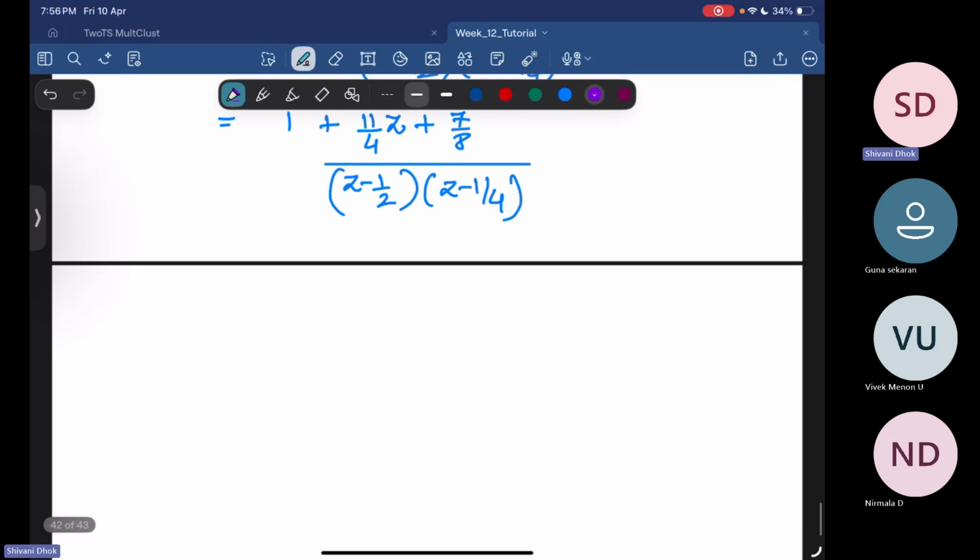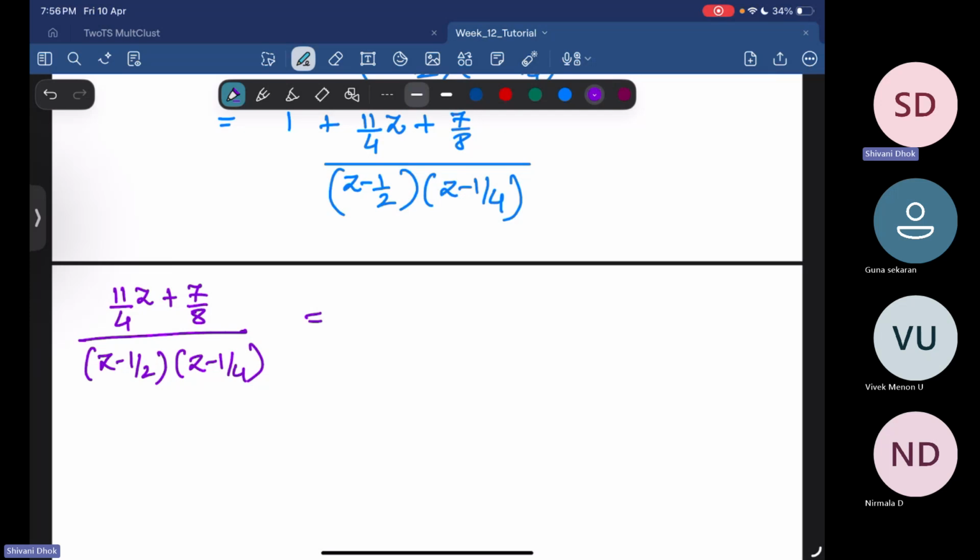So we have 11 by 4z plus 7 by 8, whole divided by z minus half into z minus 1 by 4, which is equal to A upon z minus half plus B upon z minus 1 by 4.